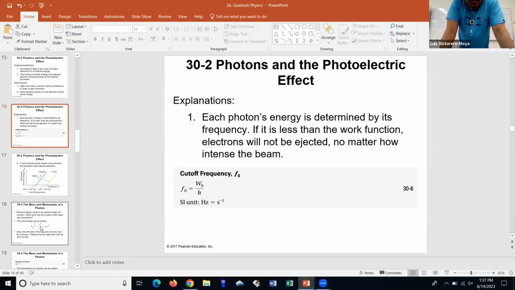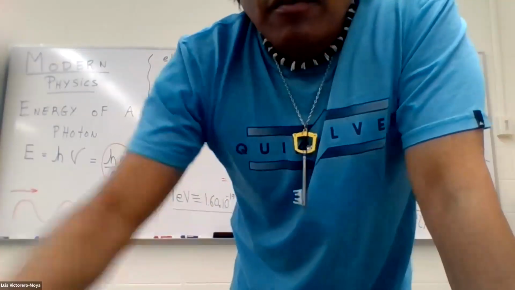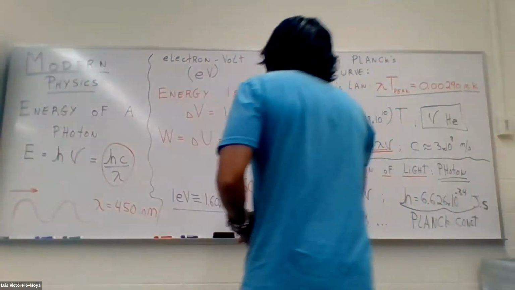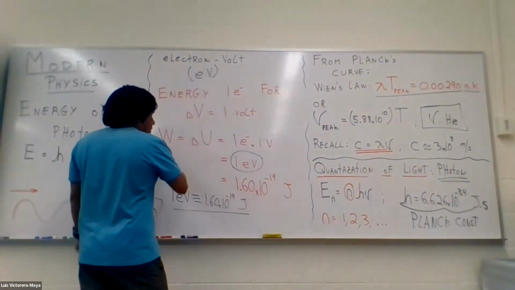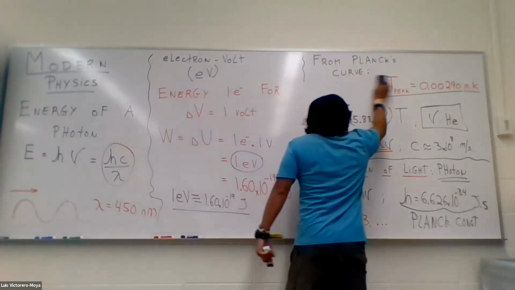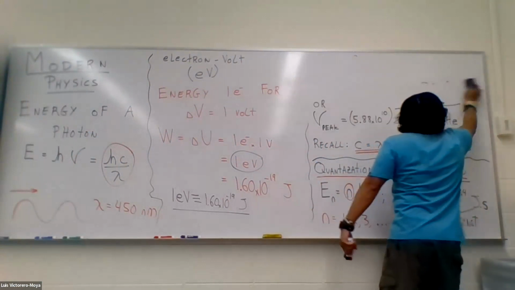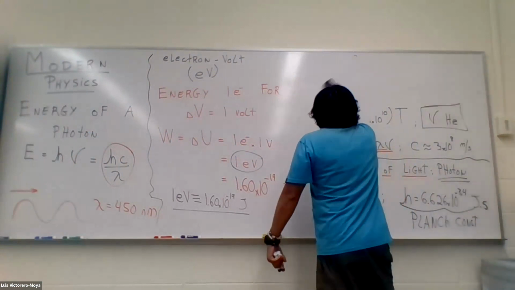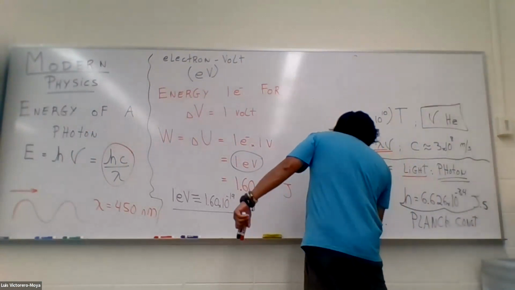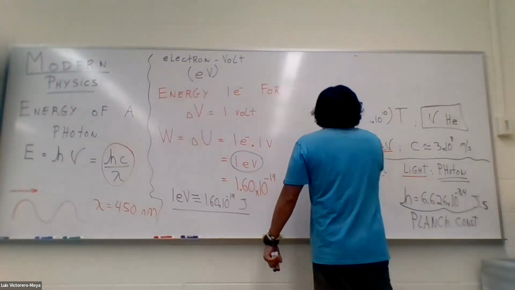So what is this frequency, right? The minimum frequency is required, depending on the metal, to eject photoelectrons. And that's easy to prove if we write the photoelectric effect. The way I like to write this is like this, okay?